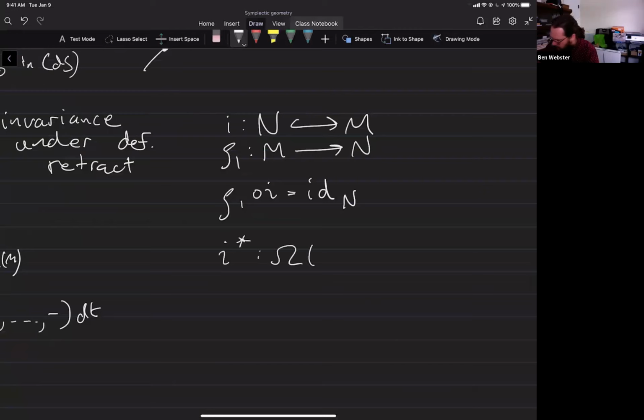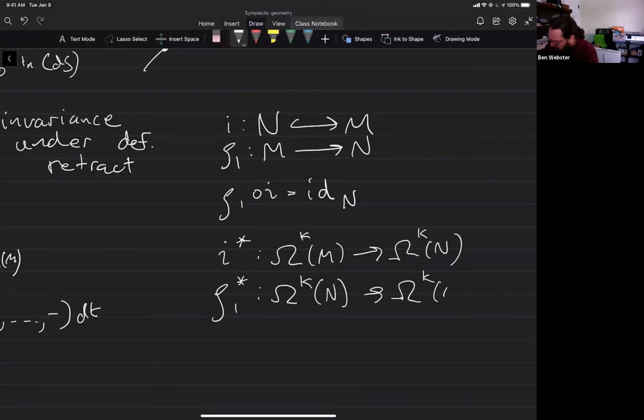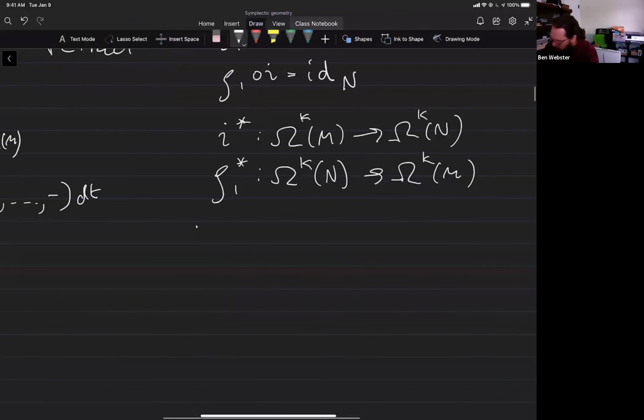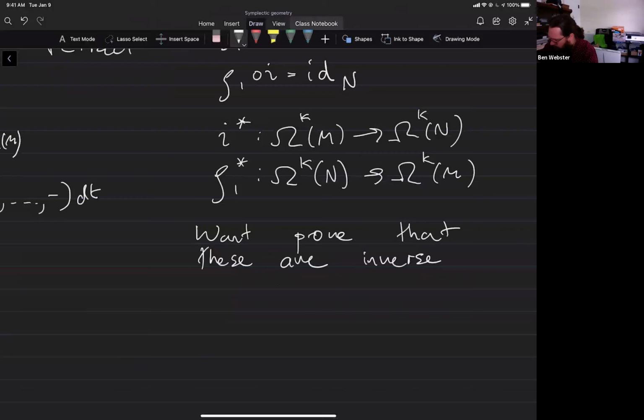So I can pull back a k-form on M to a k-form on N. Rho 1 inverse goes the opposite direction. And I want to prove that these are inverse isomorphisms on cohomology.